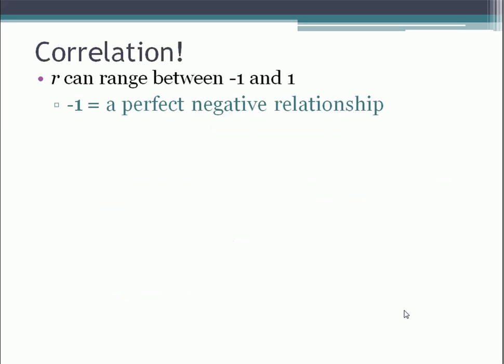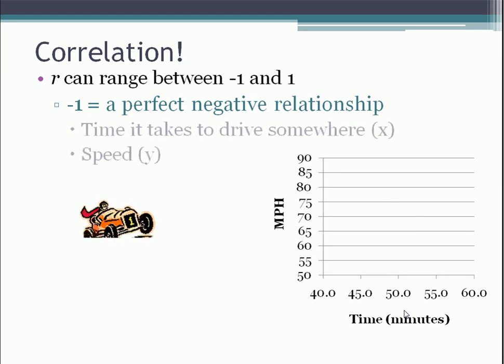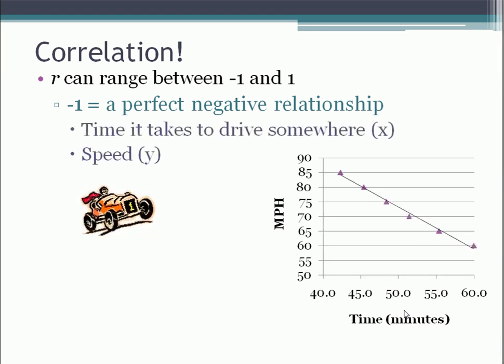Now, correlation itself, the statistic, can range between -1 and +1. -1 is a perfect negative correlation. And for this, your data points are going to lie on a perfectly straight line. So for example, the time it takes to drive somewhere and speed, how fast you're going, there's generally a negative relationship between the time it takes to drive somewhere and how fast you're going.